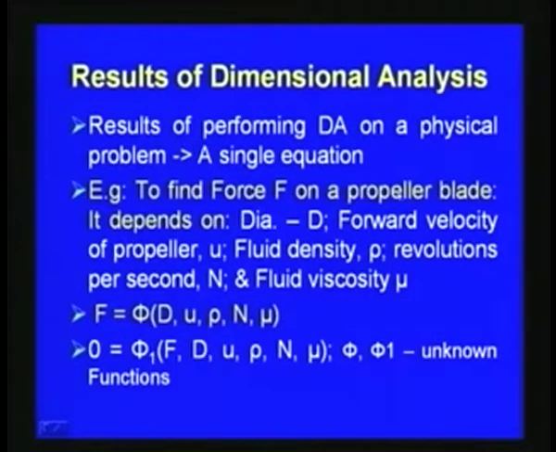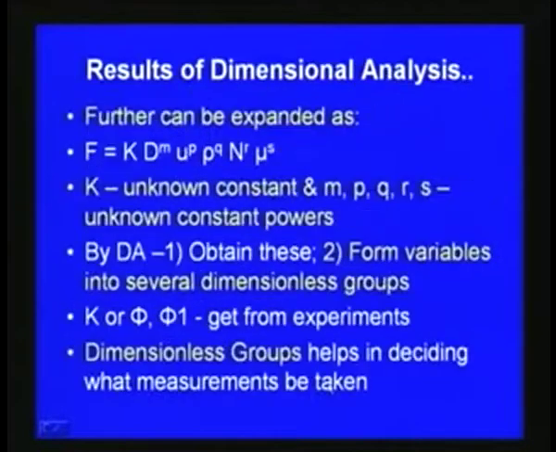So we represent the force on the propeller F as a function of d, u, rho, n and mu as described here, or we can write it as another function phi 1, where the dependent variable is also a parameter. So phi 1 as a function of F, d, u, rho, n, mu is equal to 0. You can see that phi and phi 1 are unknown functions here. Through dimensional analysis we will try to find these unknown functions for the particular case.